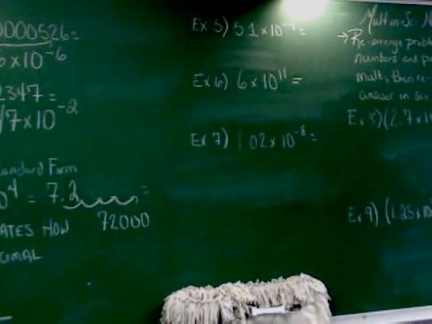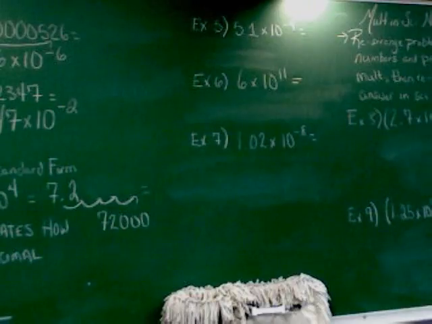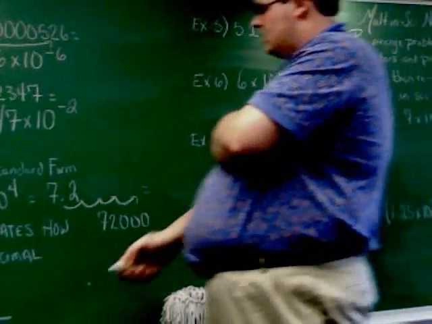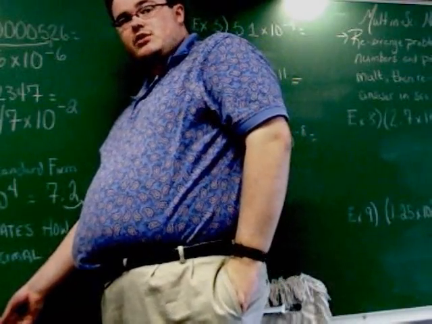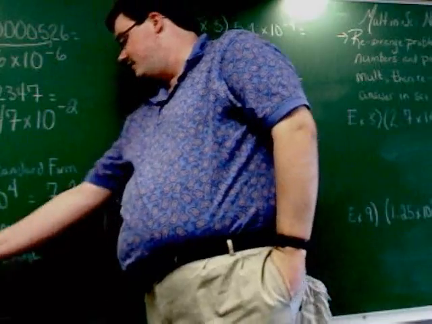Okay, so let's practice that. 5.1 times 10 to the negative 4. So, if it's negative, which it is, that means we're taking the decimal and going to the left.